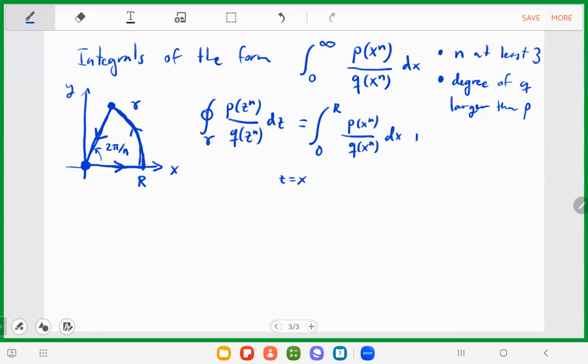Then we have another real integral along the piece of circle. Of course, this is a real integral on theta, very easy because the modulus of this complex number is constant, equal to r. So we just do the same as we did before. We integrate on theta. Now theta will go only from 0 to this number 2 pi over n that we chose for the width of the sector.